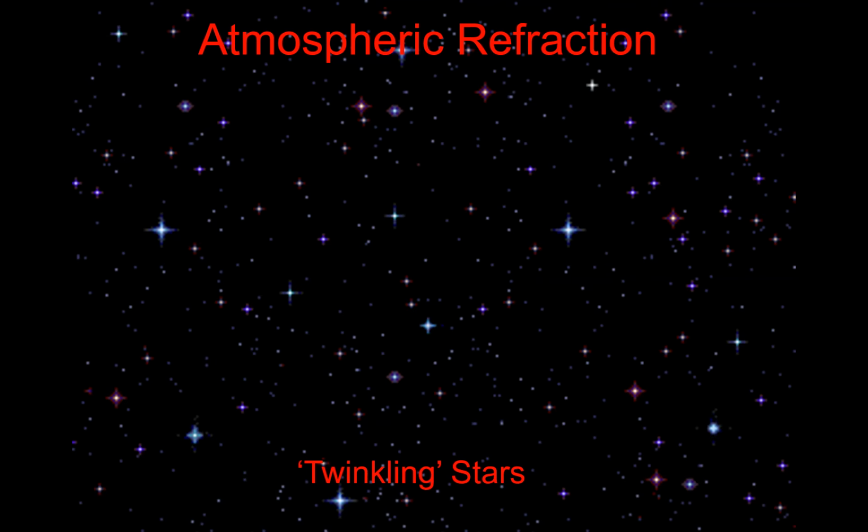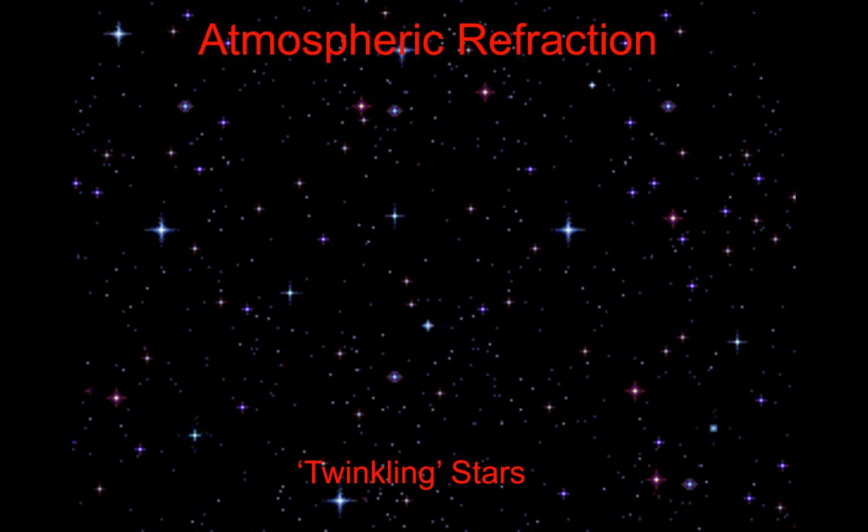The other effect is that stars sometimes will twinkle. And you may notice this if you go out on a dark night and look towards the zenith, towards above your head. If you look in that direction, you'll see that stars probably twinkle less than those closer to the horizon. The reason being that stars close to the horizon are sending light through more atmosphere than those directly above your head.